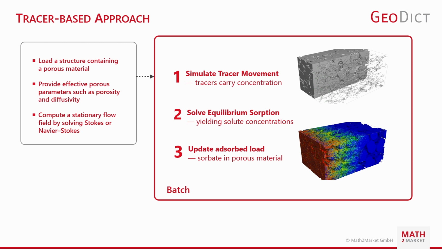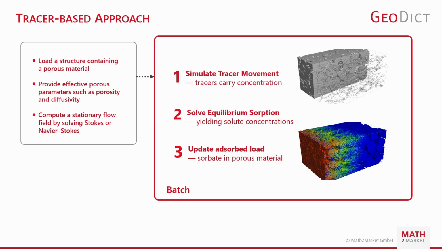In the next step, you provide effective porous parameters such as porosity or diffusivity, and then GeoDict calculates a stationary flow field by solving Stokes or Navier-Stokes. In the next steps, first, GeoDict simulates the tracer movement. So we talk about tracers here.